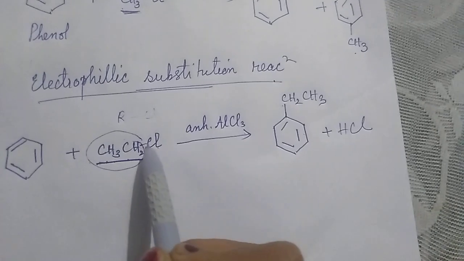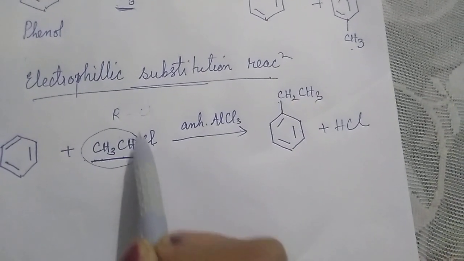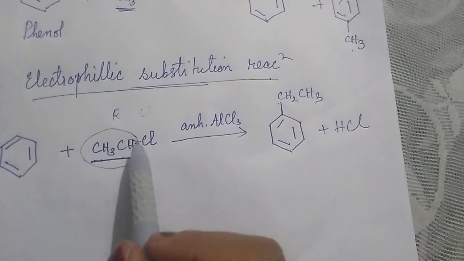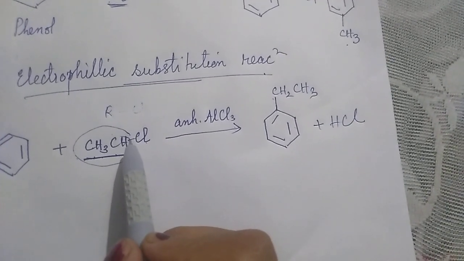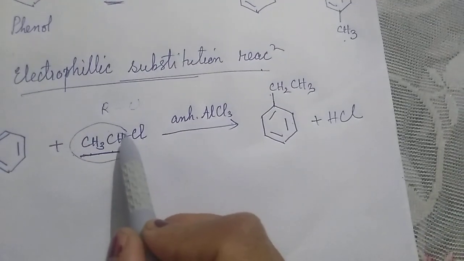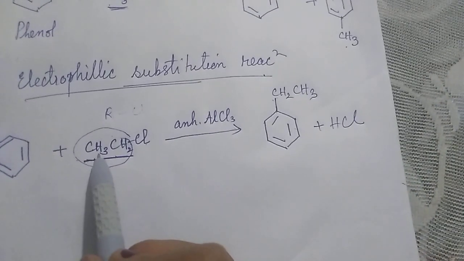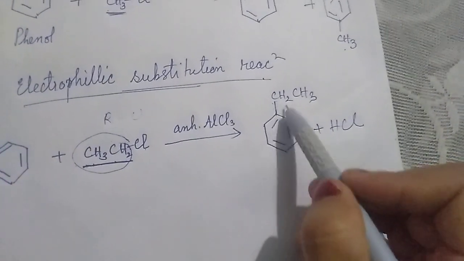Wherever the bond breaks, the joining also will take place. So we have broken here, so the joining should be from CH2, not from CH3. So this is your product.